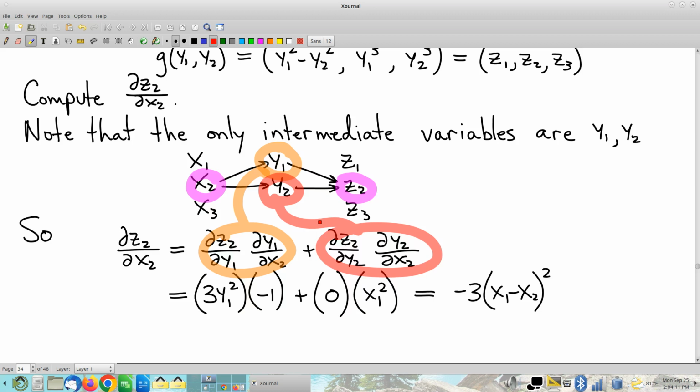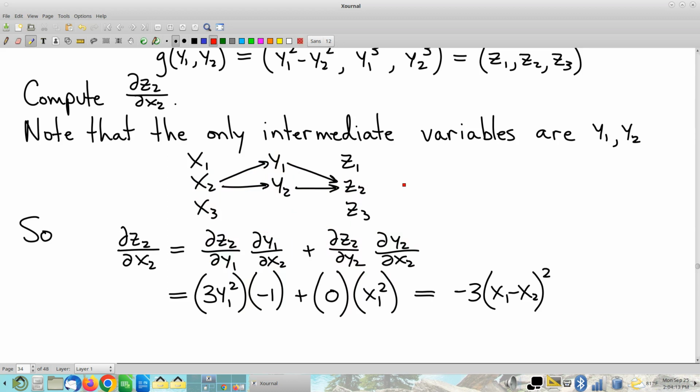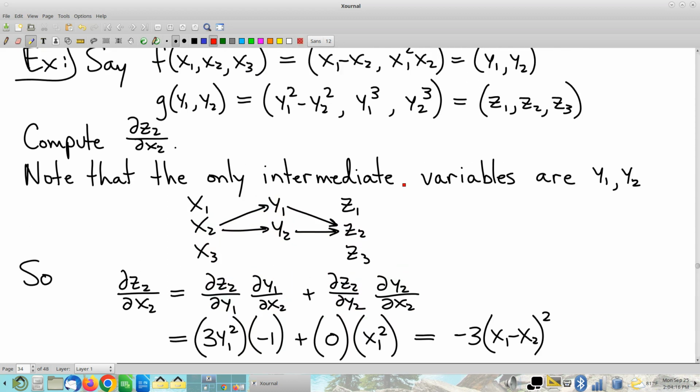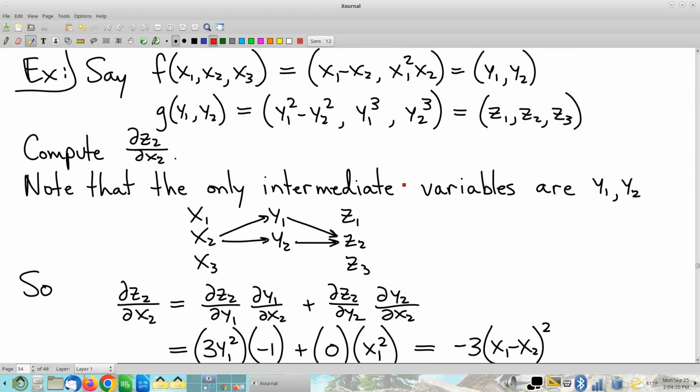All right, and at this point, of course, it's a matter of just cranking out a couple of partial derivatives. I'm going to mostly leave this to y'all, but notice some of this you can totally do on your own. Let's look at this one right here. Partial of y2 with respect to x2.